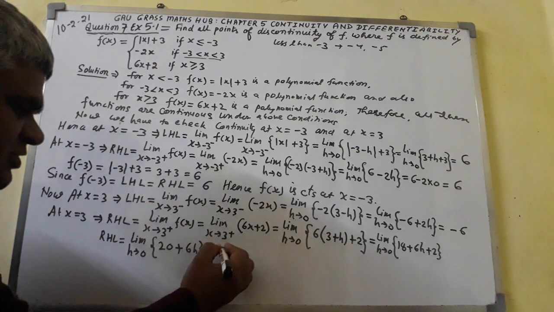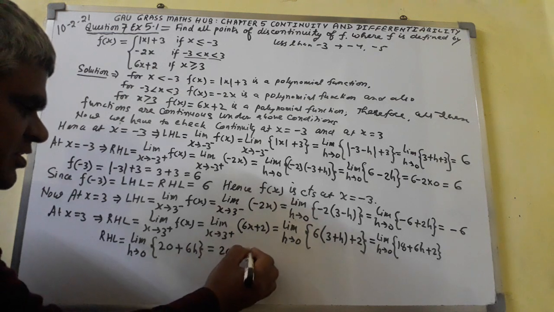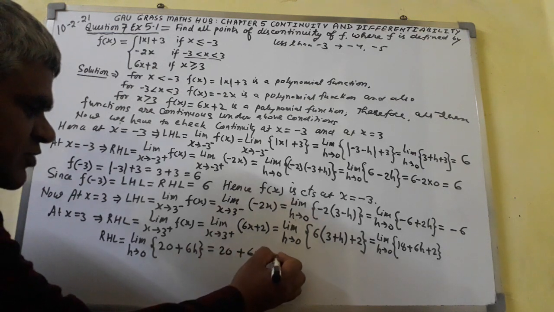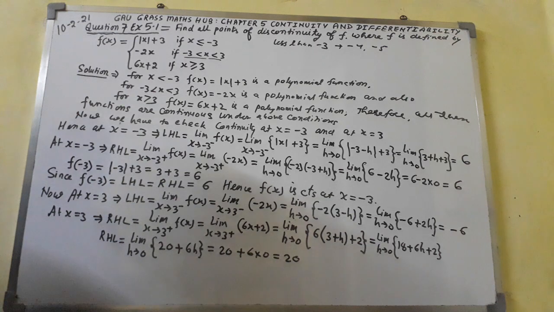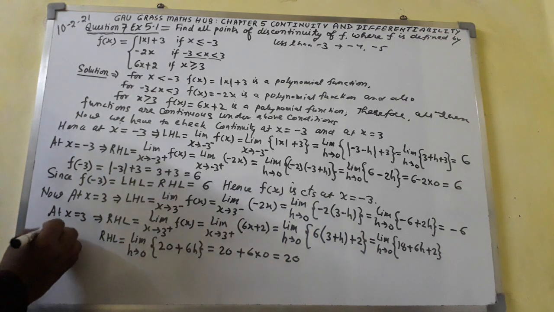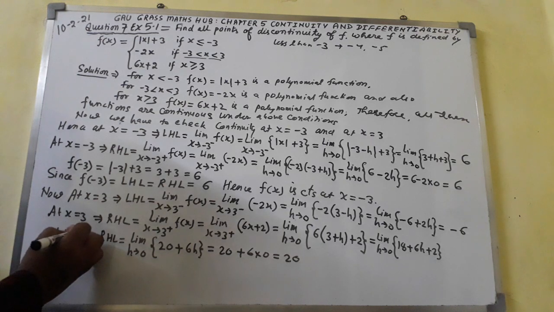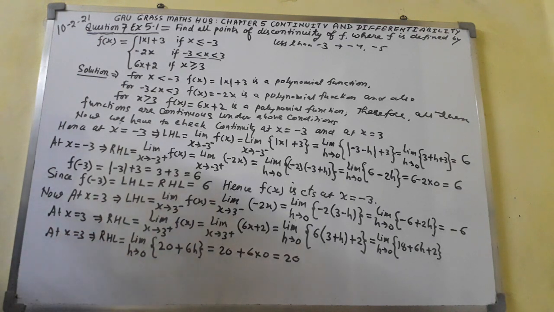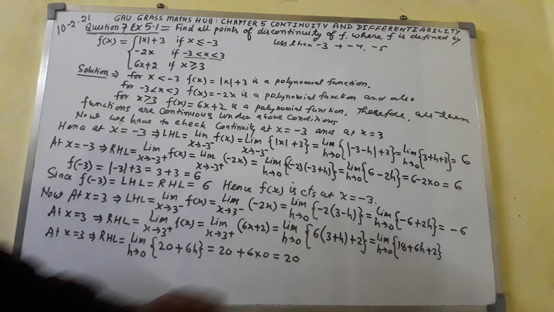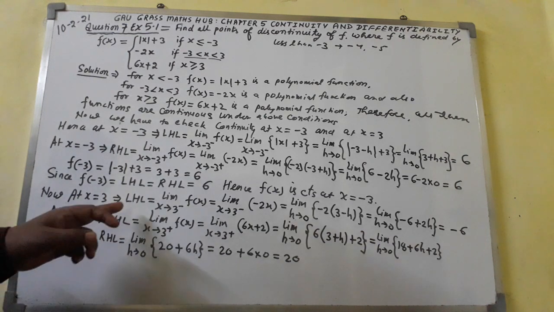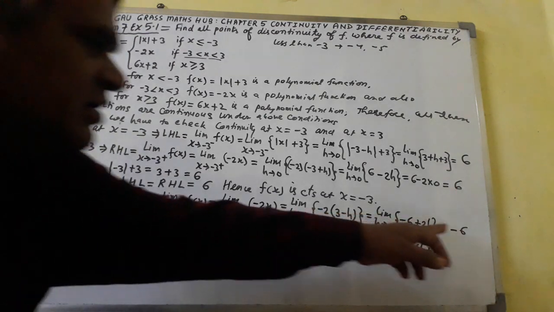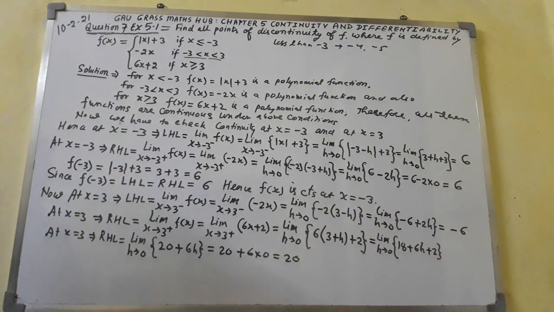So you will get 20 plus 6 into 0, which comes out to 20. So here at x equal to 3, the right hand limit you have got is 20, and the left hand limit you have got is minus 6.